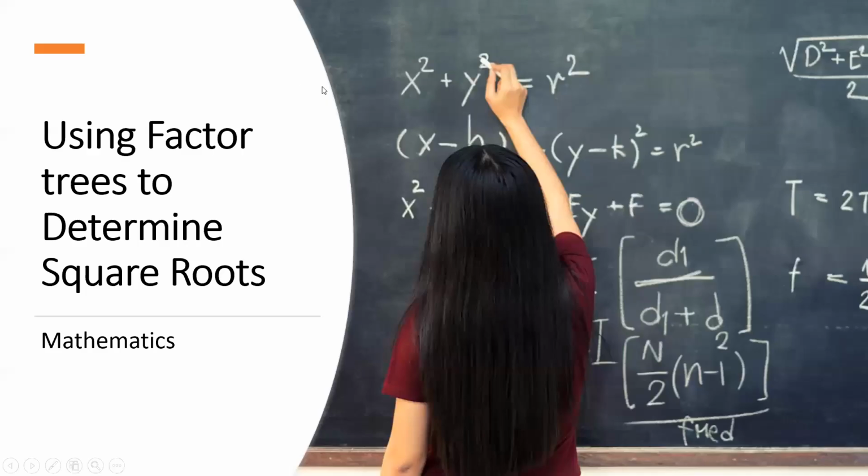All right, so we're gonna move on to this next topic where we're gonna be using factor trees to determine square roots. We're gonna be doing prime factor trees, and from finding the prime factorization of a number using the factor trees, we're going to determine the square root of a number, right?